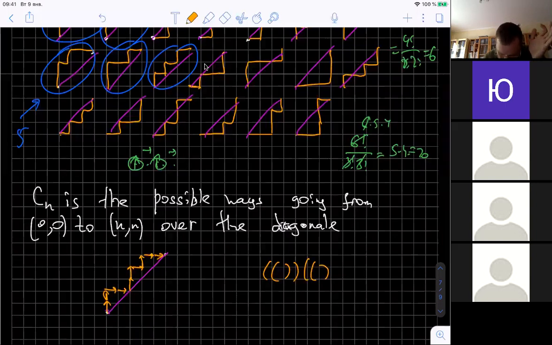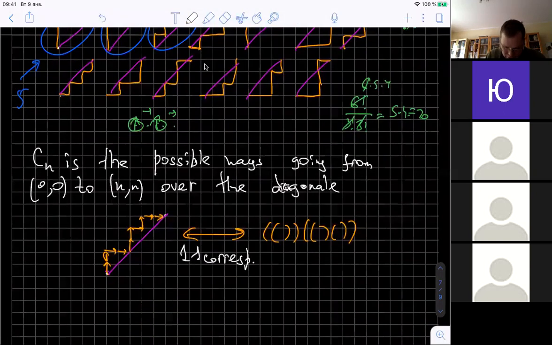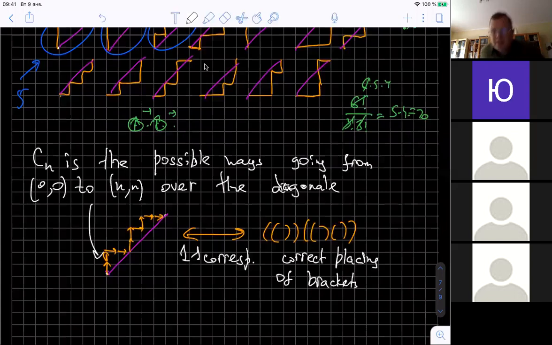So, for example, here we have this one. Okay. So we have a one-to-one correspondence between these possible ways and the correct sequences of the brackets.